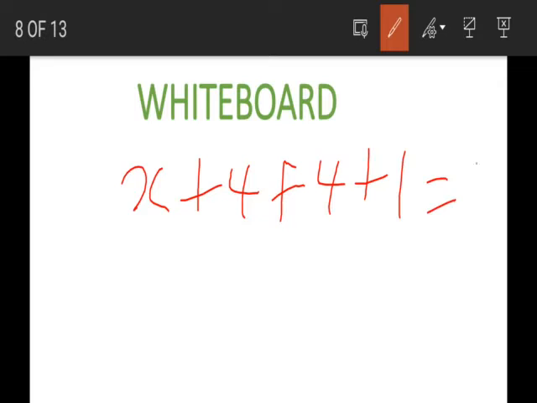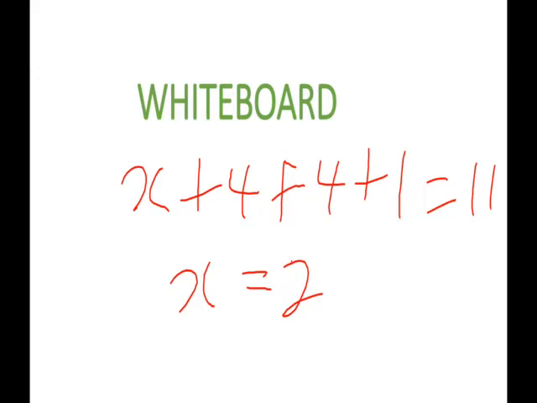Remember all of them will give us 11. So 1 plus 4 is 5, 5 plus 4 is 9, plus x. So what are we going to add to 9 to give us 11? It's 2. So x here means 2. So that's it. So our aim is to get the 11. Good.